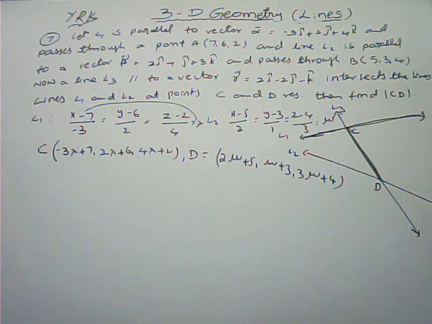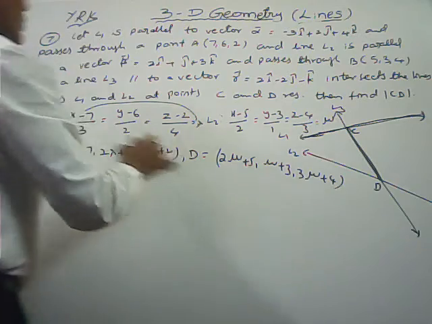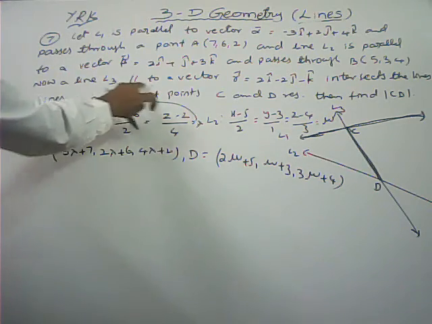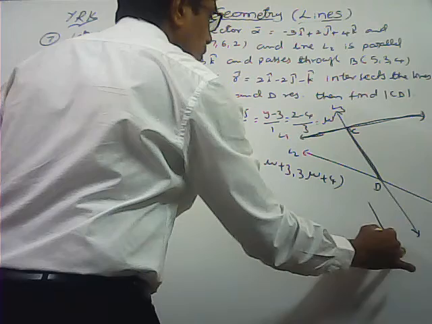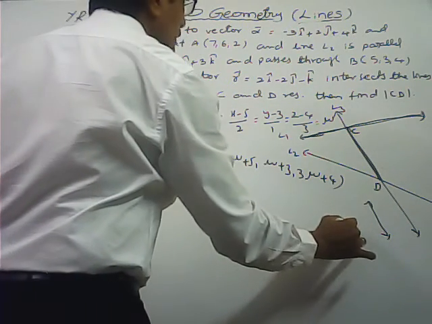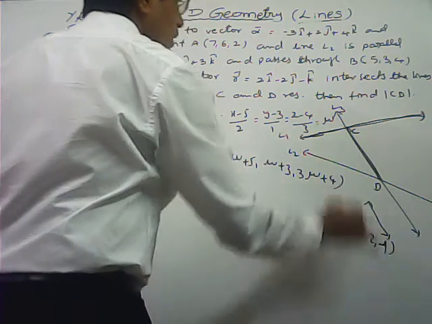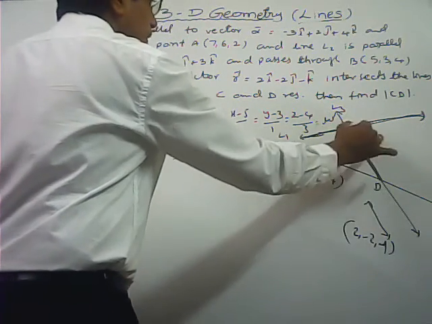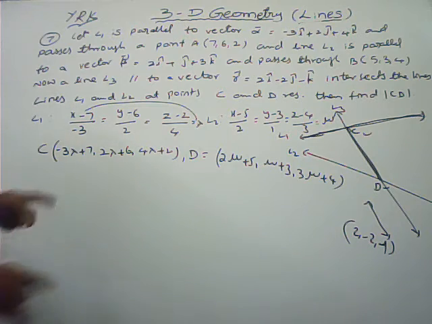So what to do here? L3 is parallel to, the parallel DRs of line L3 are given as 2, minus 2, minus 1. And what are the DRs of L3 here? C point and D point we also know.